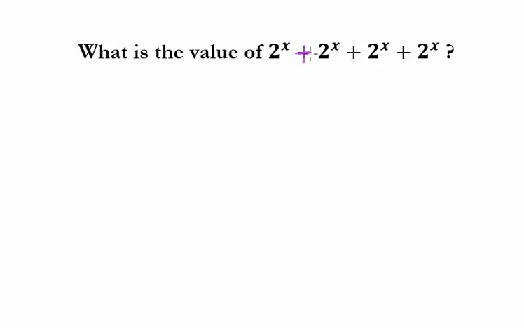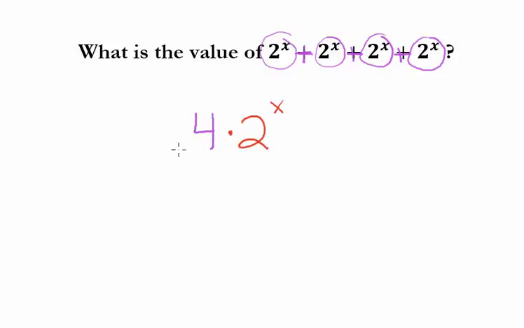So if I add and add and add the same thing over and over again, if I add that same thing 4 times, well, it's identical to multiplying that same thing, 2 to the x, by 4, right? Because there's 4 of them, right? If I said $2 plus $2 plus $2 plus $2, you'd say it's 4 times $2, right?